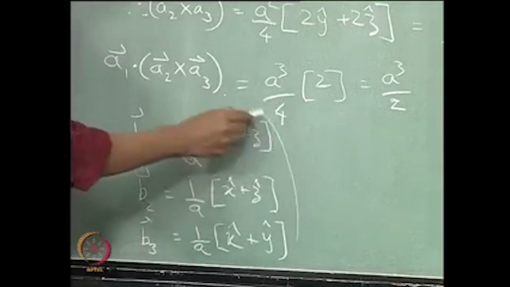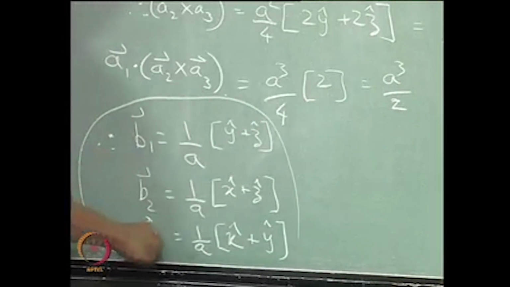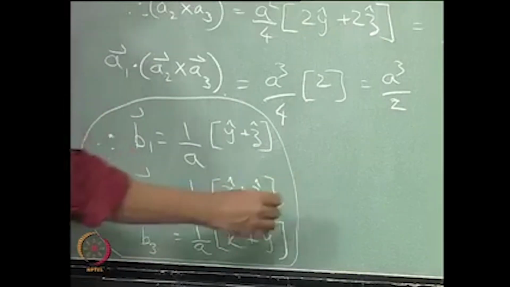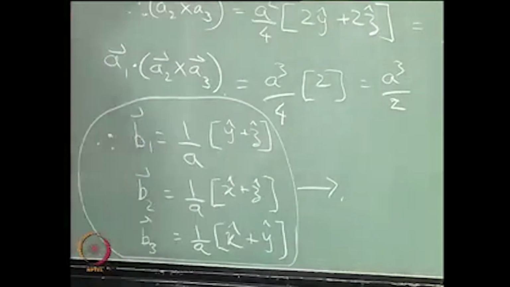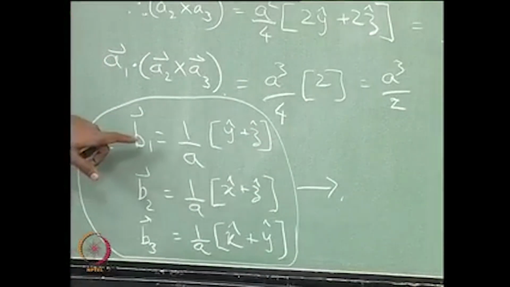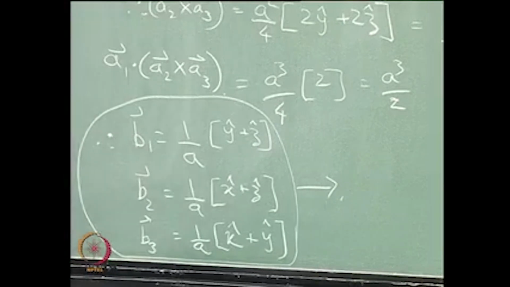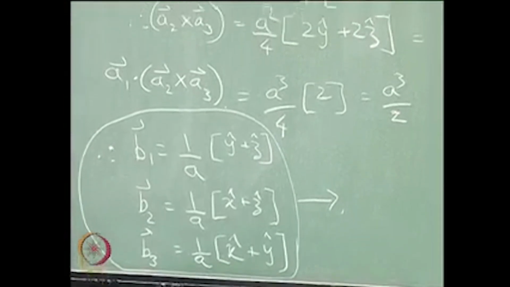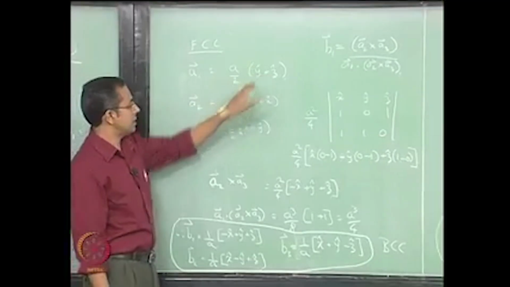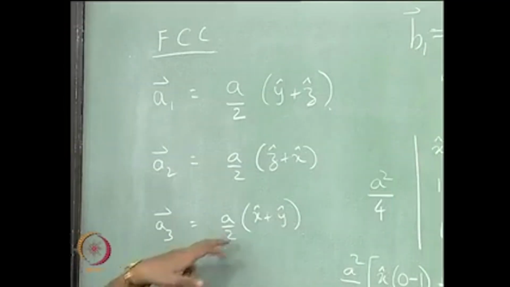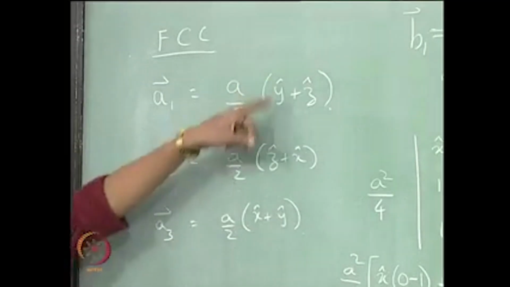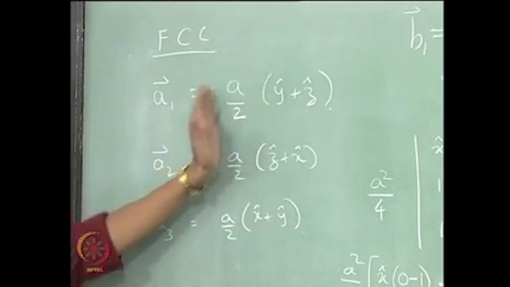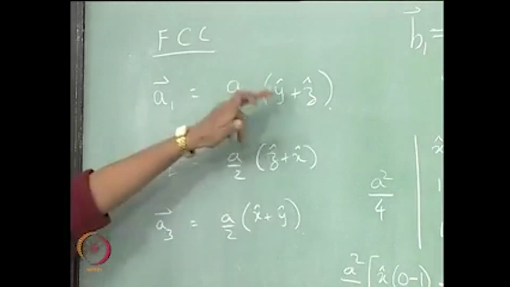If you compare what we have got here with what we started out with just a few minutes ago, we defined the FCC structure as a by 2 y plus z, a by 2 z plus x, a by 2 x plus y. Let us not worry about the magnitude, look at the three directions.